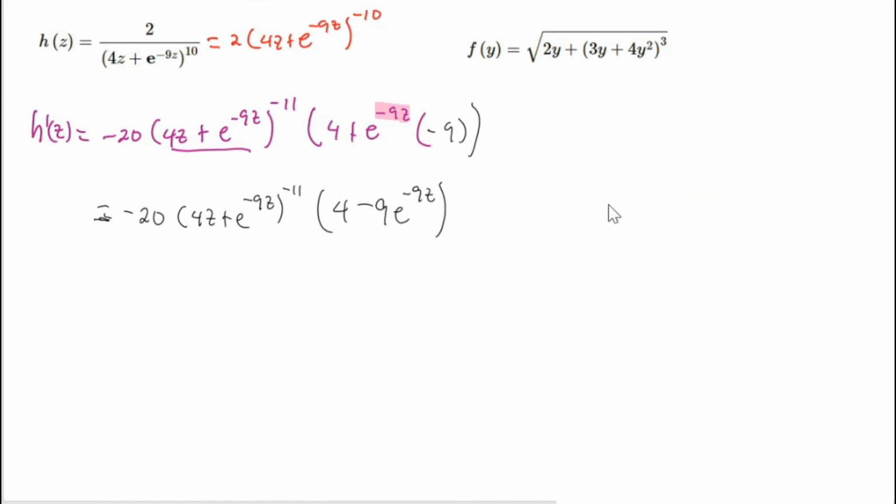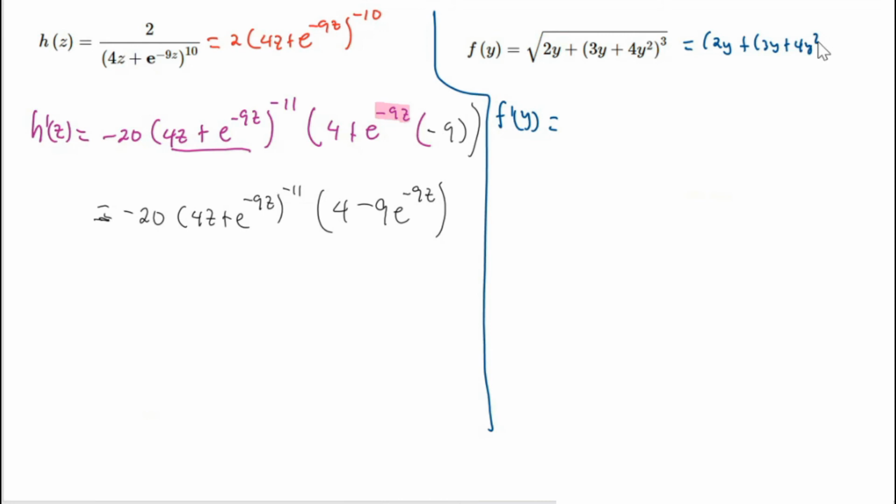The next one, I can write now f prime of y. Since this is a square root, if we rewrite it into a fractional exponent, we can rewrite that first as the quantity (2y + (3y + 4y²) to the power of 3), the entire thing raised to 1/2. This is a radical form, and this is the fractional exponent form.